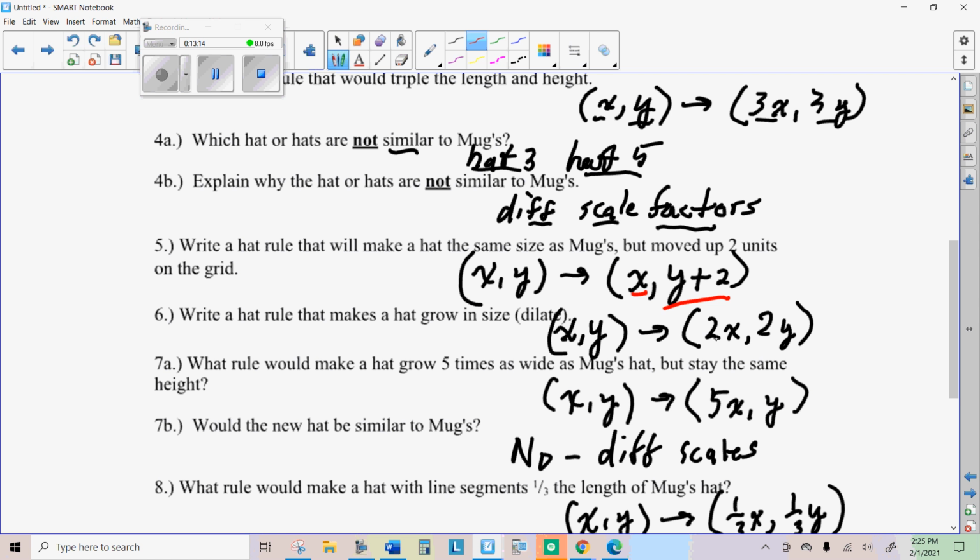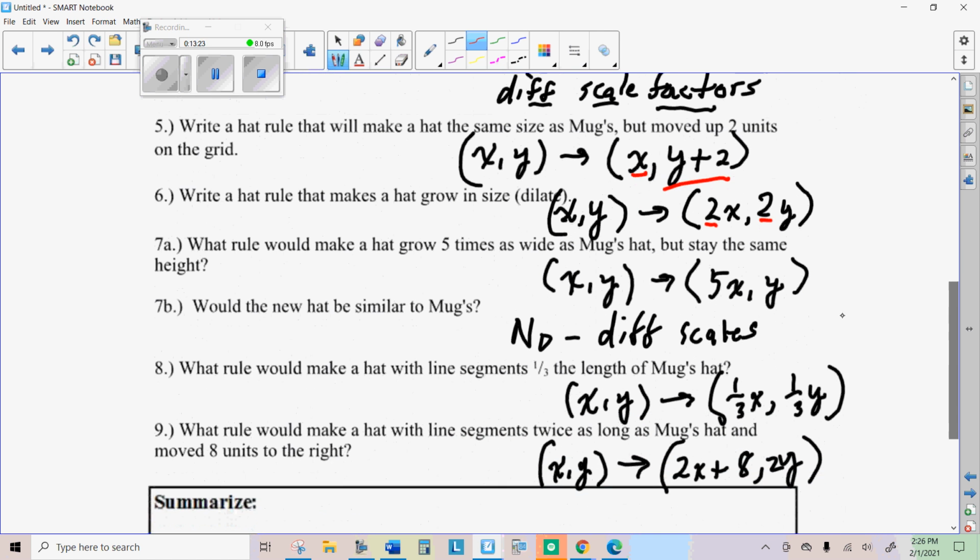If you wanted to make it grow, you need to multiply by a number greater than 1. So notice I multiplied by 2, that would double the lengths. If you want it to be 5 times as wide but stay the same height, you would multiply x by 5 and leave y the same.